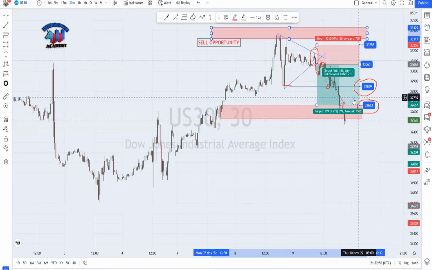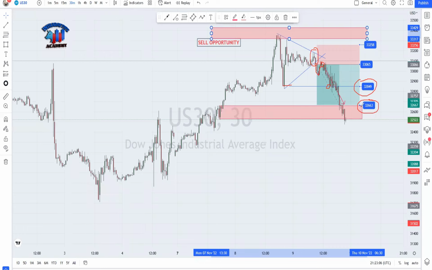So as you can see, price continued downwards even after hitting our target. Now the last piece of the puzzle is, why did we use this as our last target? If you take a look at the left hand side, you will see that demand zone. That is basically an order block.